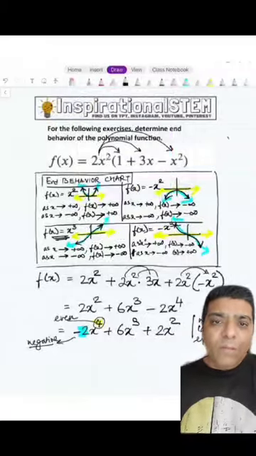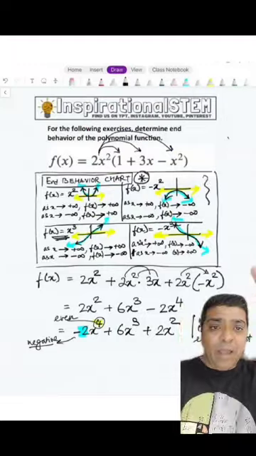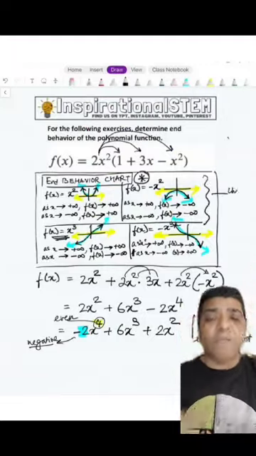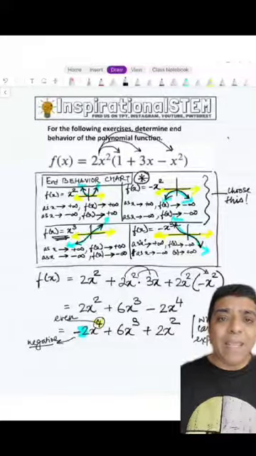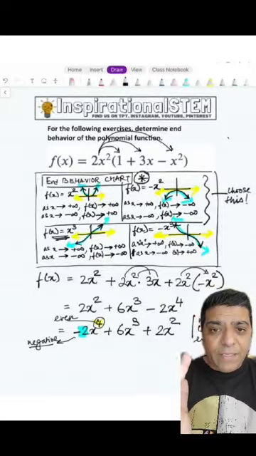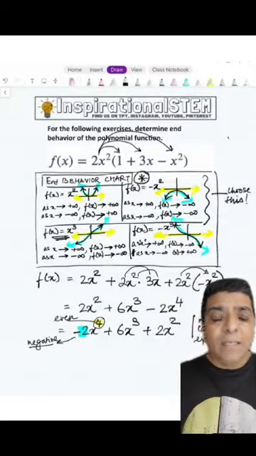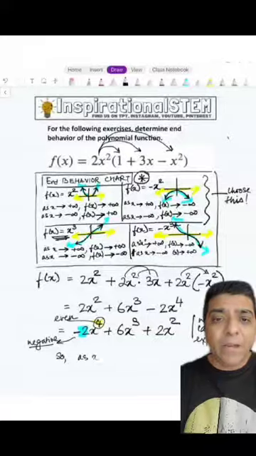So it's going to essentially behave like the top right hand graph where you have the parabola facing downwards because of the negative coefficient, and then the exponent being even, it's going to have the same shape of facing downwards as the example of our behavior chart up here, top right corner.